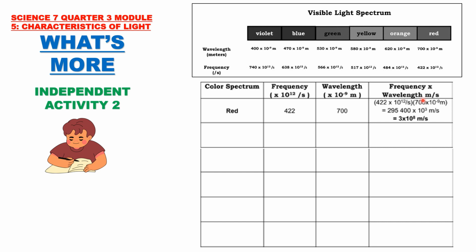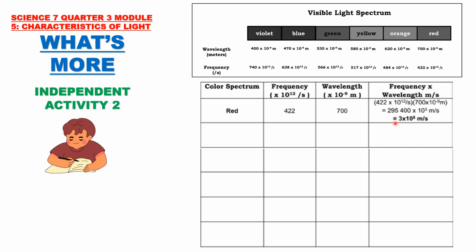You are going to multiply the frequency and wavelength for each color spectrum so that you can find the wave speed. So, for red, 422 times 10 to the positive 12 per second times 700 times 10 to the negative 9 meters, the answer is 295,400 times 10 to the positive 3 meters per second.